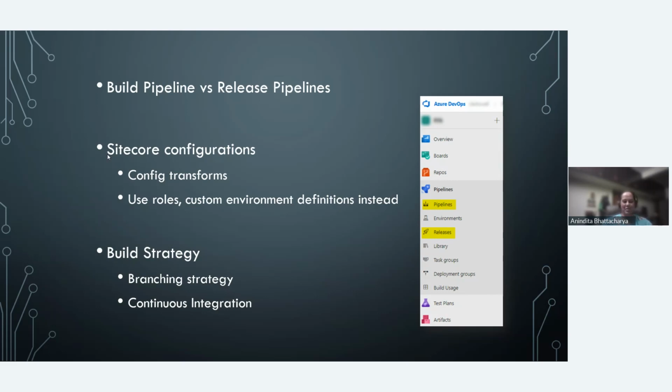That's definitely not the best way to do it, especially after Sitecore 9 onwards, when roles and environment definitions have come up. But as I think I mentioned, I inherited an existing solution which had a whole lot of transforms on it. So it was easier for me to roll with the transforms than to try and change up everything. So if you're stuck in my situation, you do need to deal with transforms.